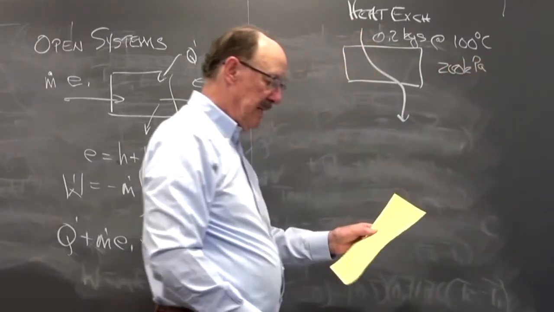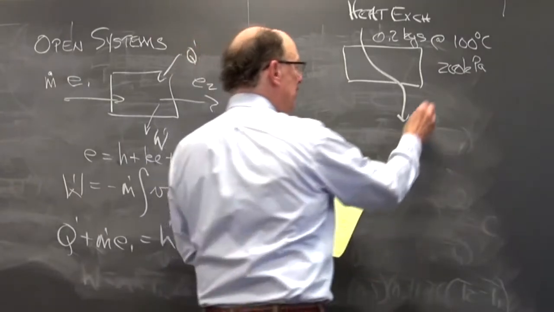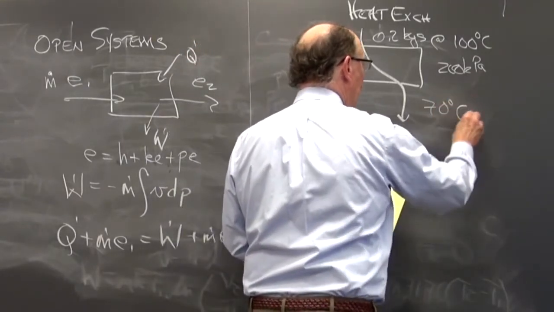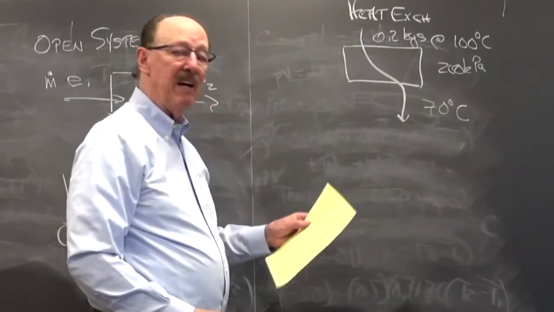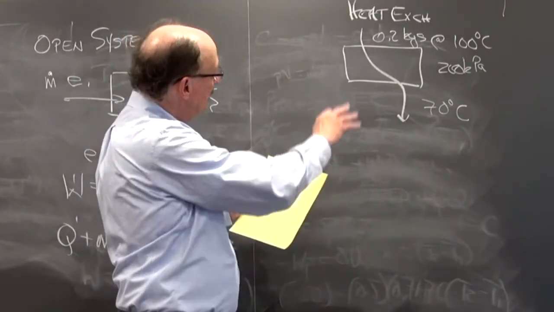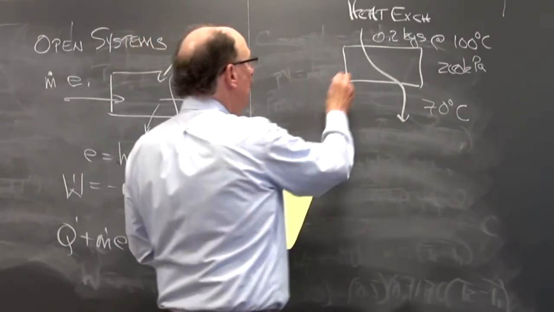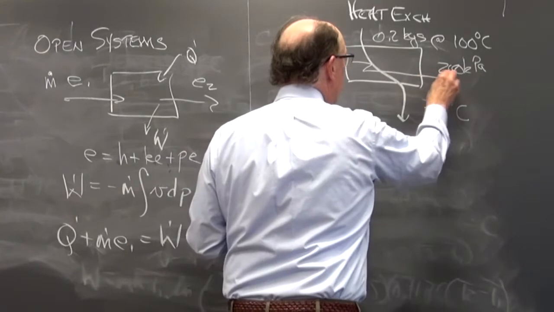And it's going to leave at 70 degrees C. We'll then have air. So this is the hot fluid being cooled off. We're going to have the air go in and provide the cooling.